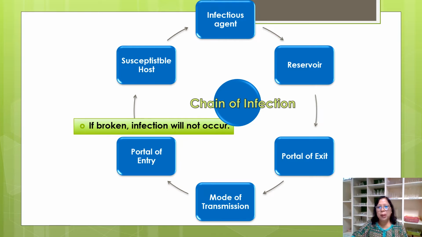If the microorganism fails to look for a portal of entry, so if this is broken, infection will not occur. So the probability of looking for another cause will already stop.